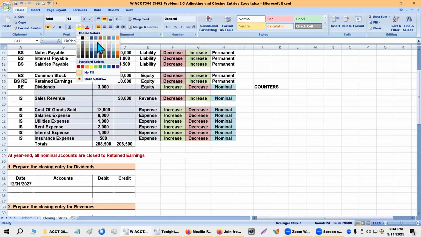What color is it? It's the hardest part about accounting, figuring out the colors. It doesn't look right. Well, I'm leaving it. Okay, so these are all going to be closed out.